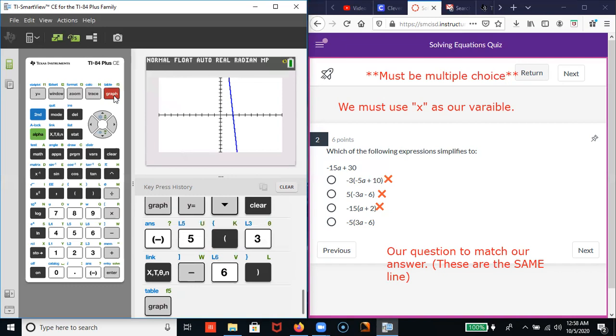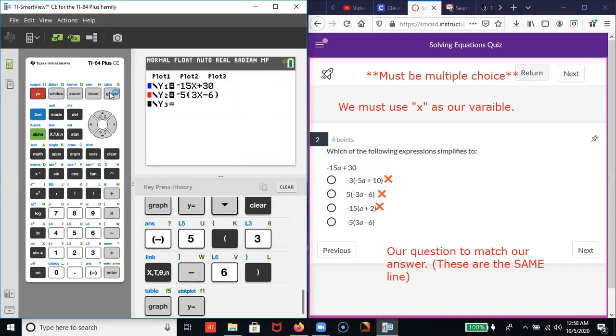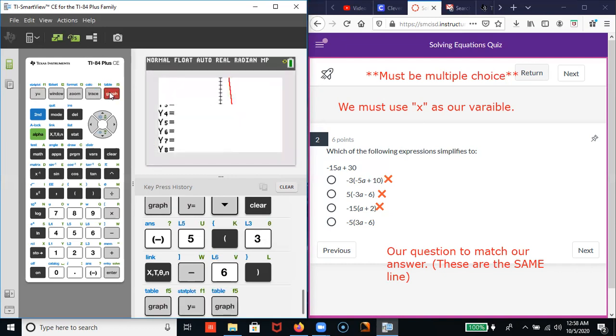There's the blue line, and there's the red line directly on top of it. You see how they're the same line? If you want to see it again, you go to y equals, hit graph again, and you'll see it. Those are the same line. So that would be our answer.